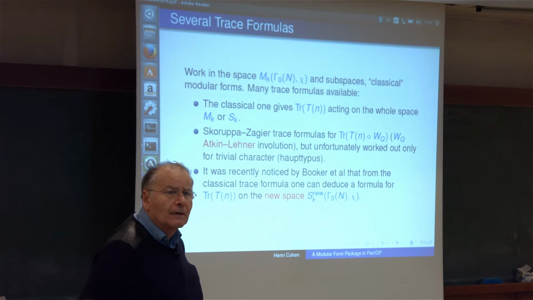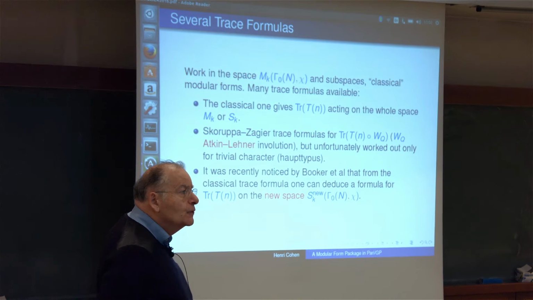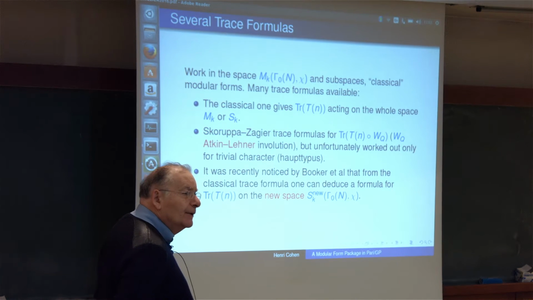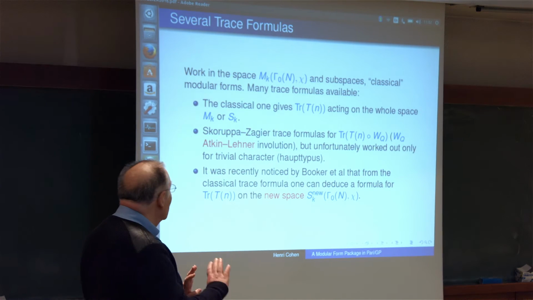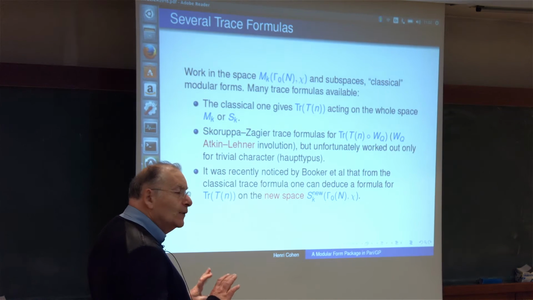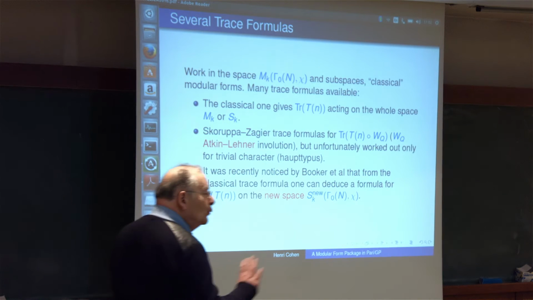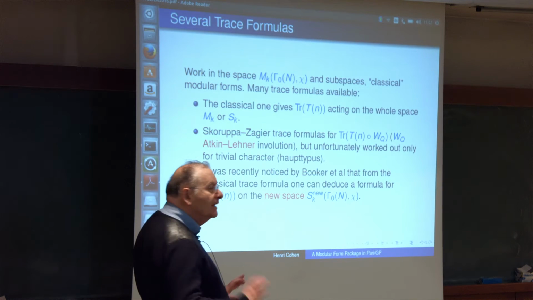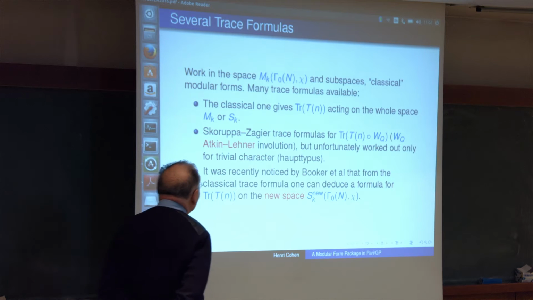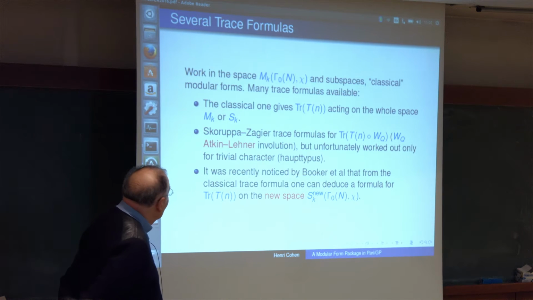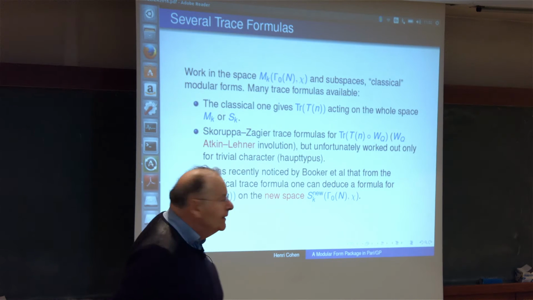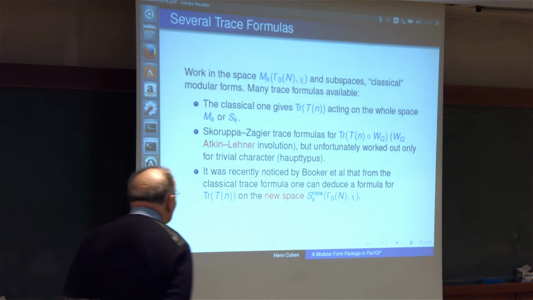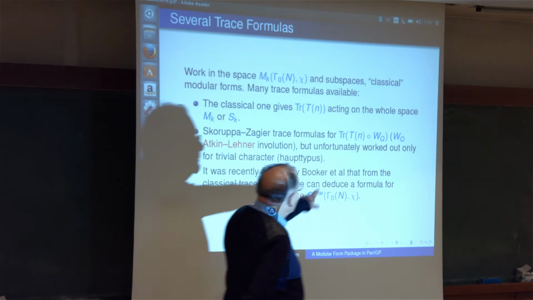By the way, if there are people in the room who are used to Hecke operators, please note that I use T_n independently of the fact that n is coprime to the level. Some people call U_p the Hecke operators when p divides the level. I don't like this. It's just T. Okay, there is a very nice formula developed by Nils Skoruppa and Don Zagier, which gives more than that.